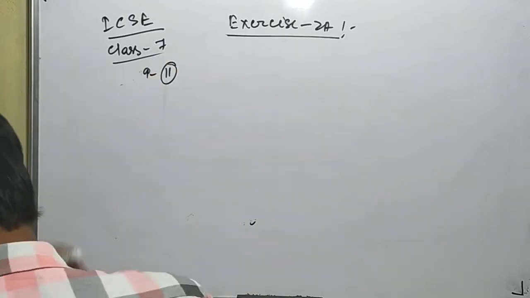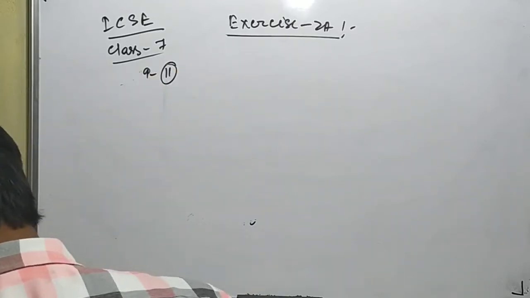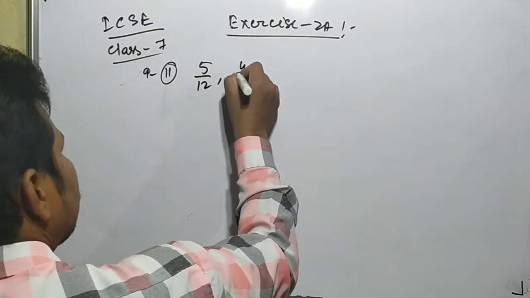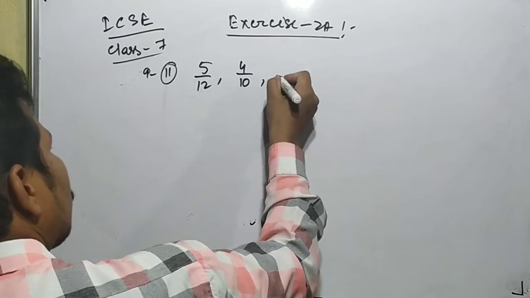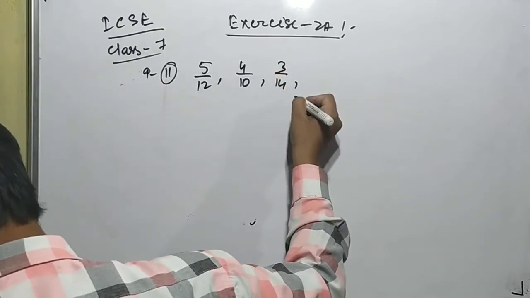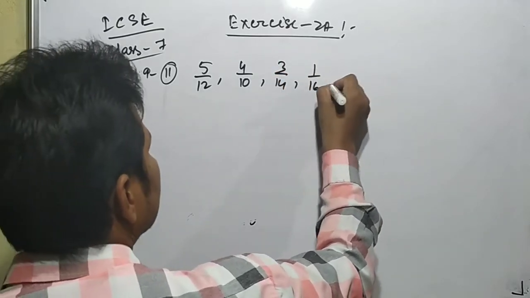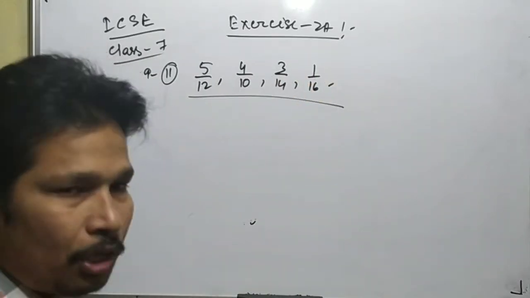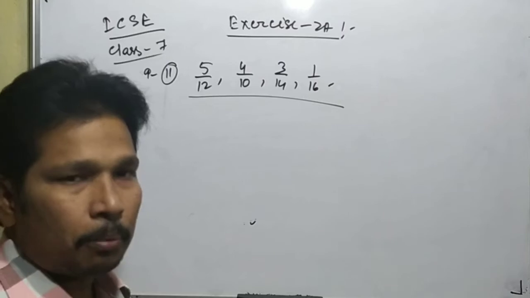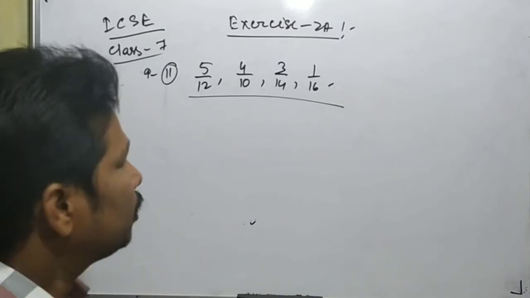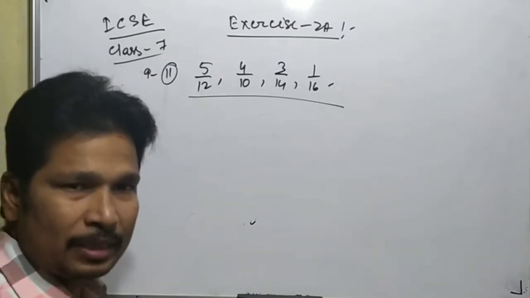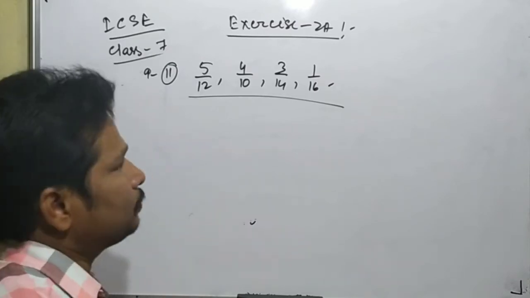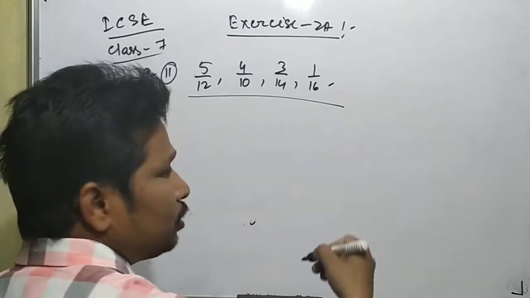The numbers given are 5 by 12, 4 by 10, 3 by 14 and 1 by 16. We have to arrange these numbers in ascending order as well as descending order. The process is the same. We will follow the same process, but lastly we have to decide the ascending and descending order.